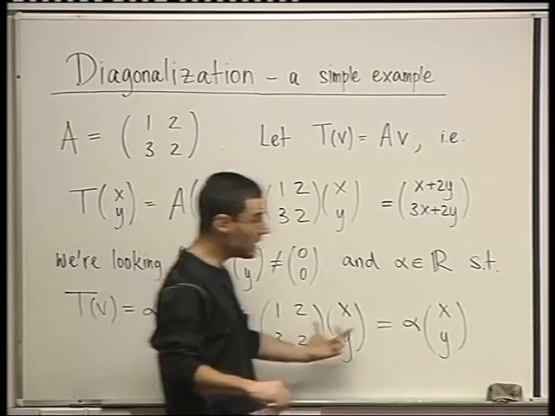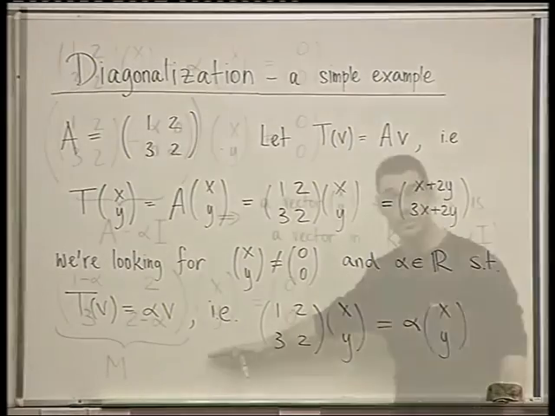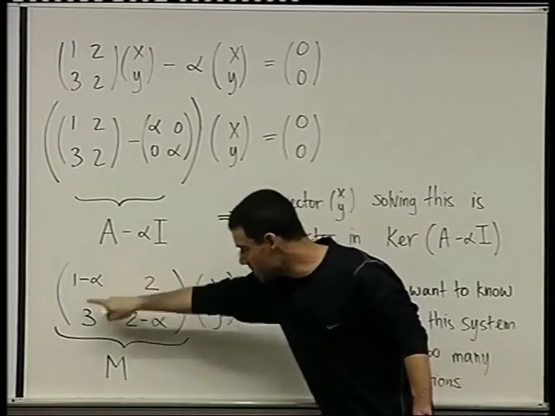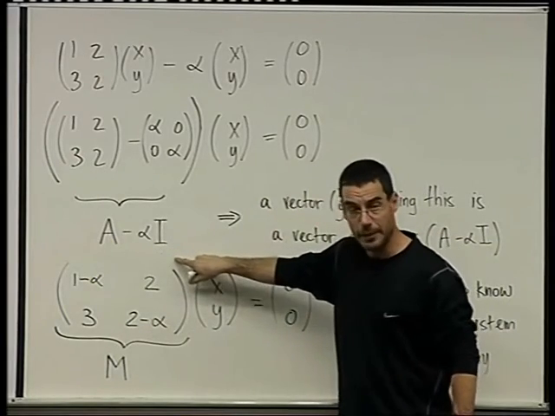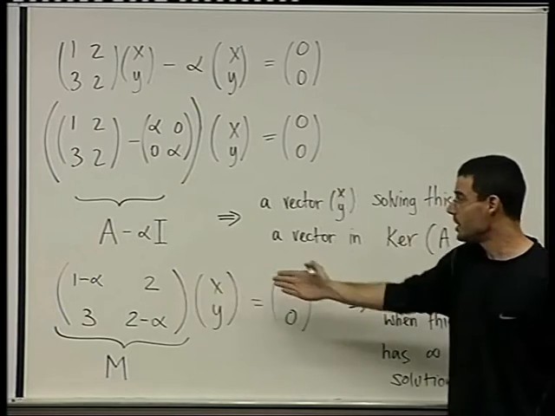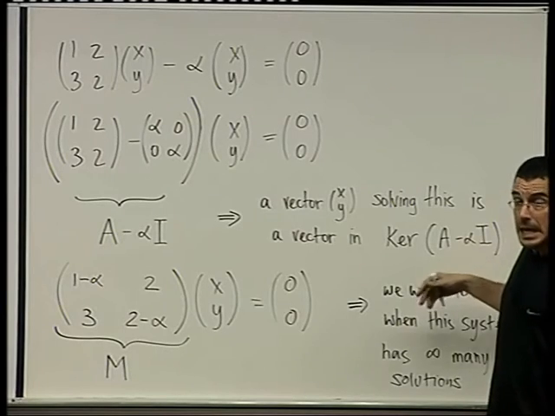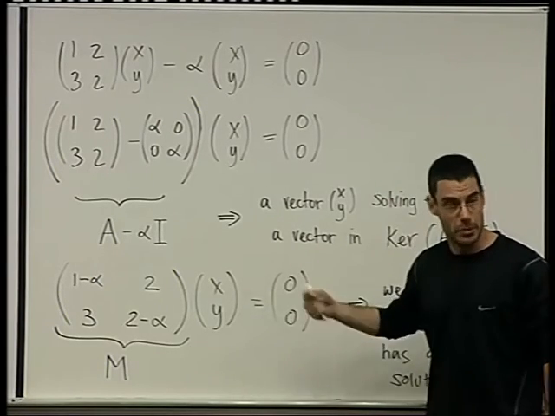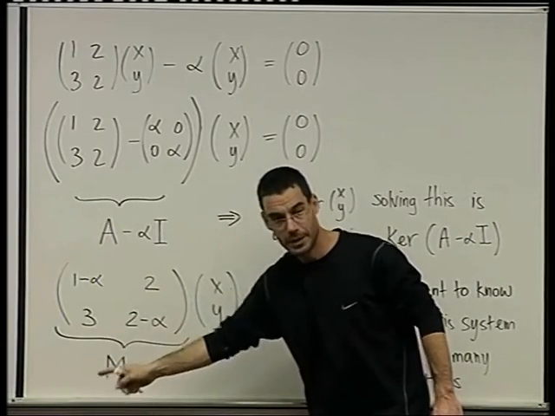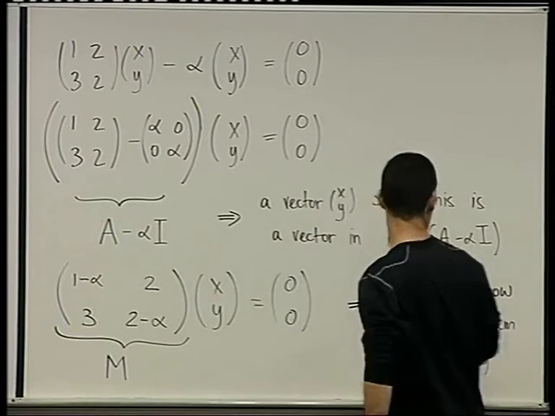We translated this to this system, where this is the matrix A minus alpha I. And now an eigenvector is a solution to this system, or an element in this kernel. It's going to have a non-zero solution if the determinant of this matrix is 0. Good? Okay. So we're here.